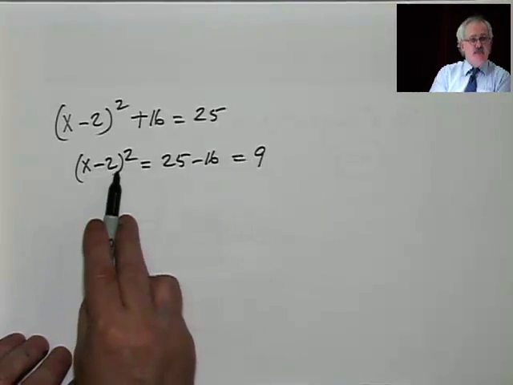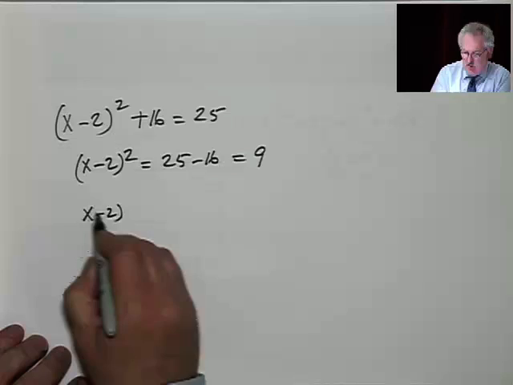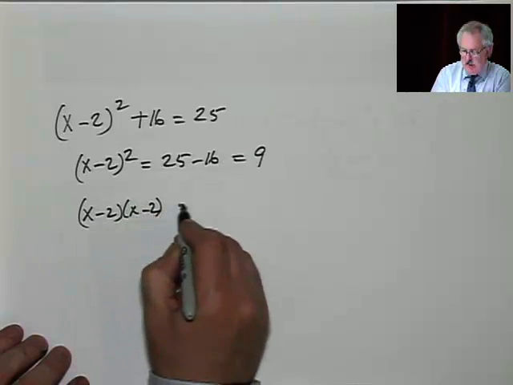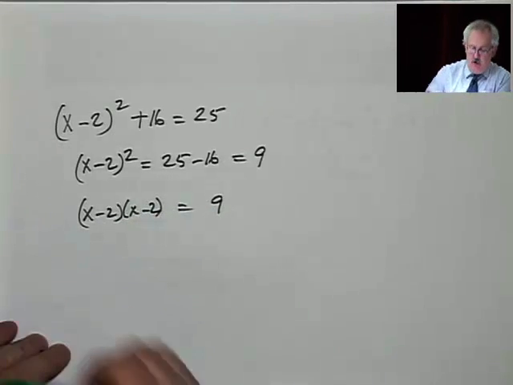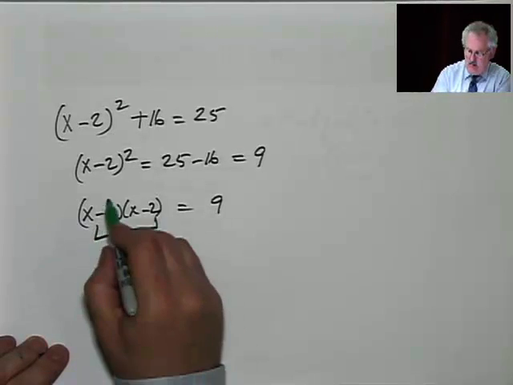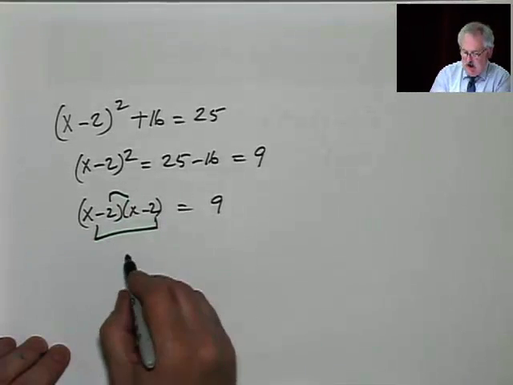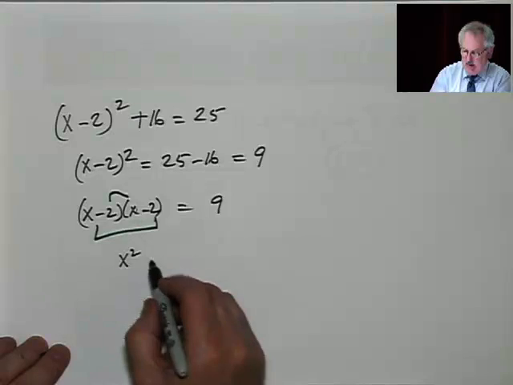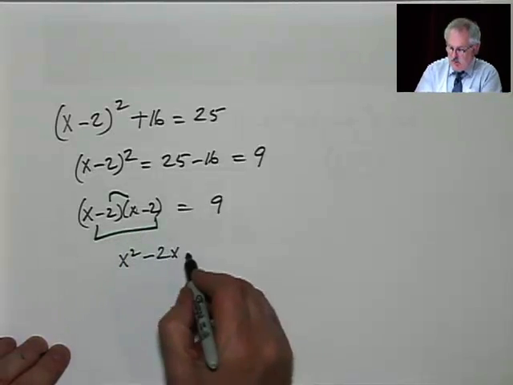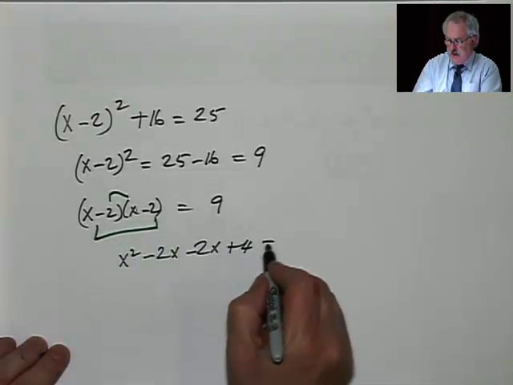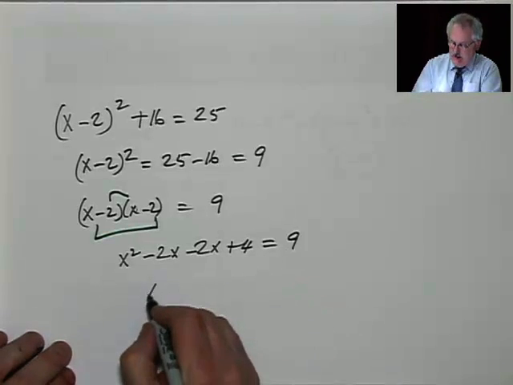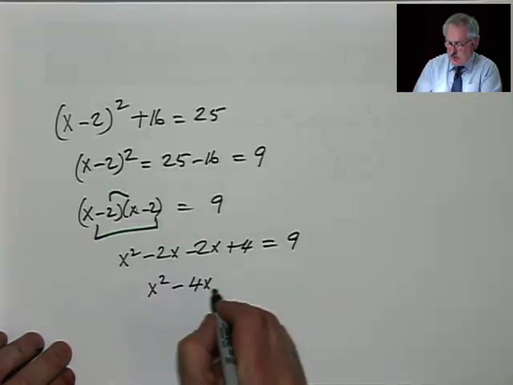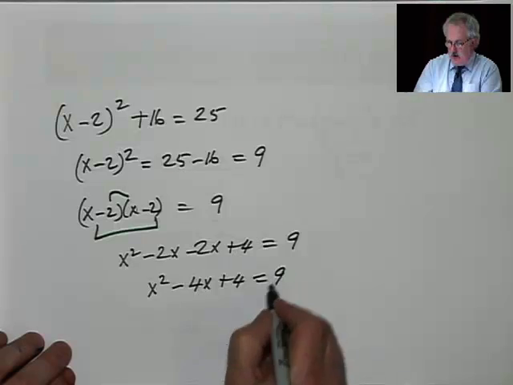Now let's expand this out. X minus 2 times x minus 2 is 9. Do the FOIL method, multiply it across and all that stuff. So we say x squared, x by x, minus 2x plus 4 is 9. X squared minus 4x plus 4 is 9.